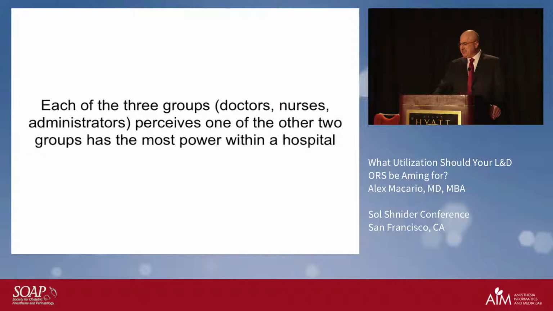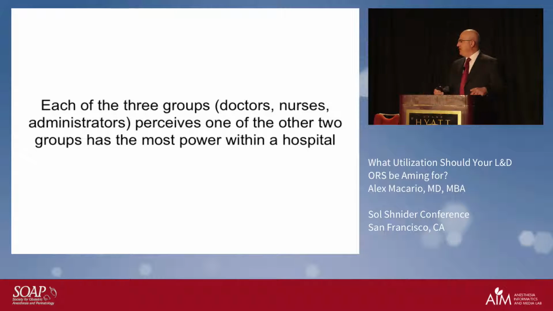So if you ask doctors, who do you think has the greatest power to make change and improve the system, the doctors typically say the hospital administrator. And if you ask nursing, they say it's the doctors that have the most power to get things done. And then if you ask the administrators, they think it's all the doctors that have all the power.